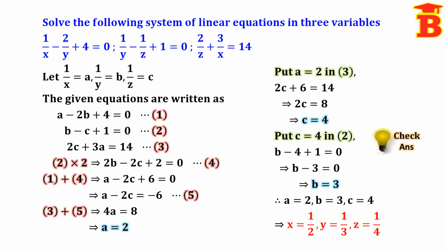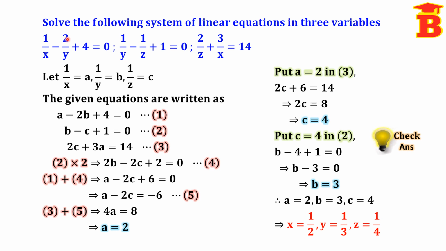Here also we can check the answer. We can substitute these x, y, z values in any one of the given equations and we can check the answer. Take the first equation. Put x is equal to 1 by 2. 1 by 1 by 2, taking reciprocal, 2.